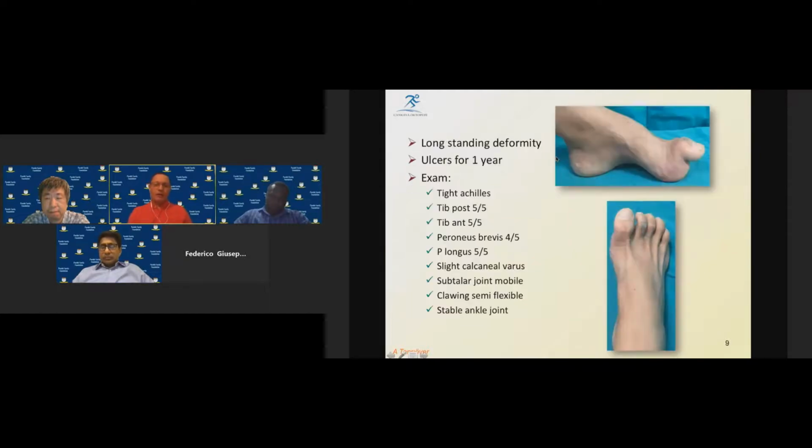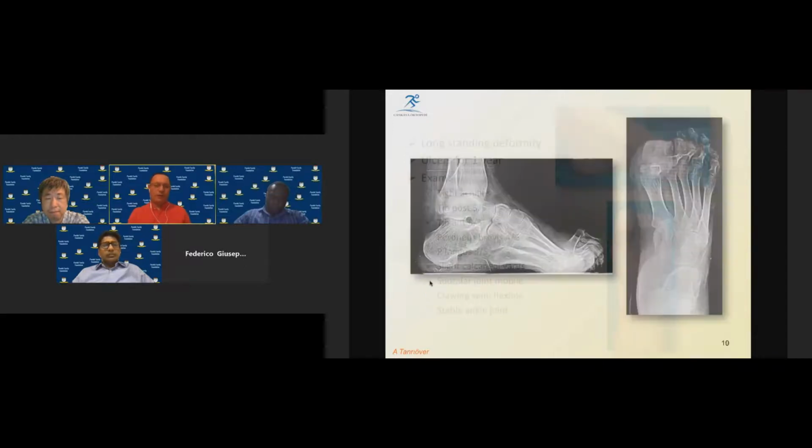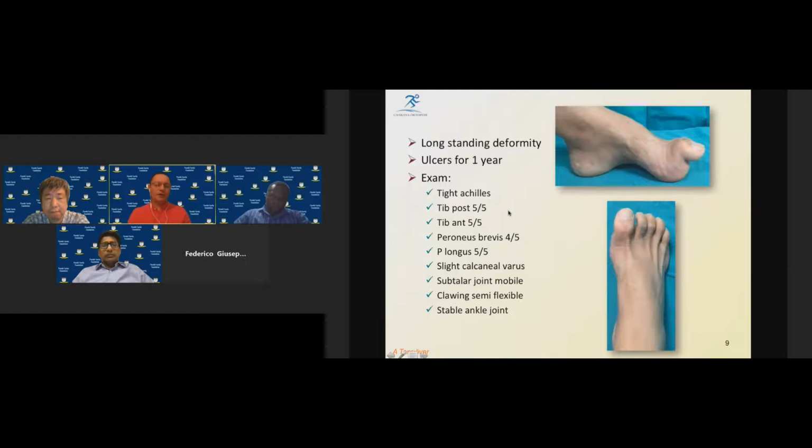And looking at his neurologic examination, he has a tight Achilles, tibialis posterior seems contracted and strong, and tibialis anterior is 5 of 5, and peroneus brevis is a little bit weak, but peroneus longus is pretty fine.